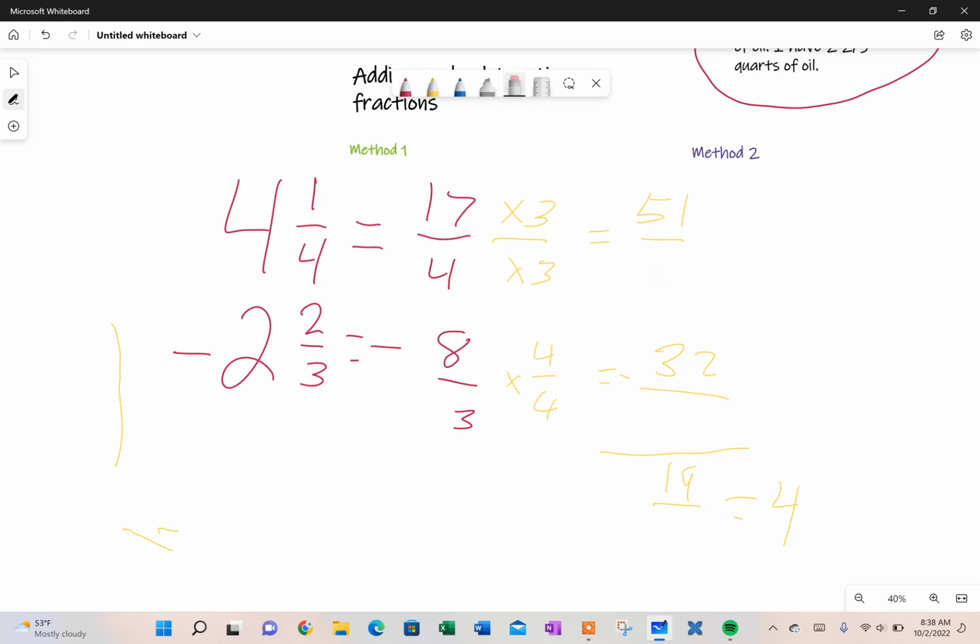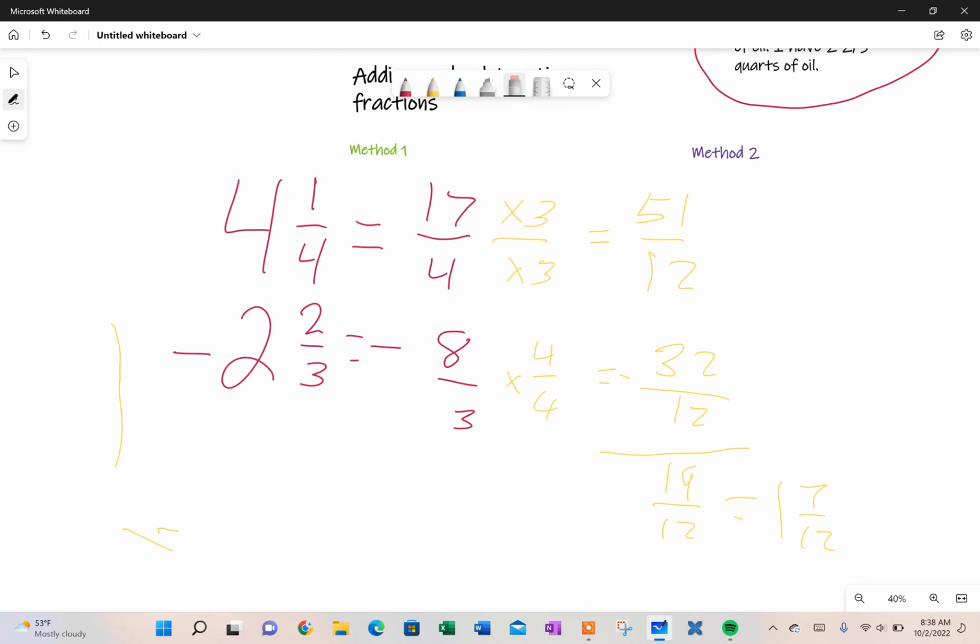It should be over 12. So it should be 19 over 12. I think this is important to see because everybody makes mistakes, so I'm glad I caught it. So 12 goes into 19 once, one and 7/12.